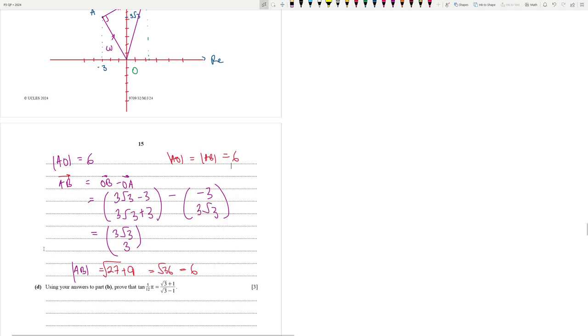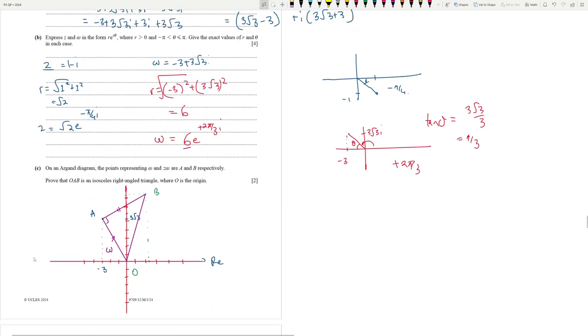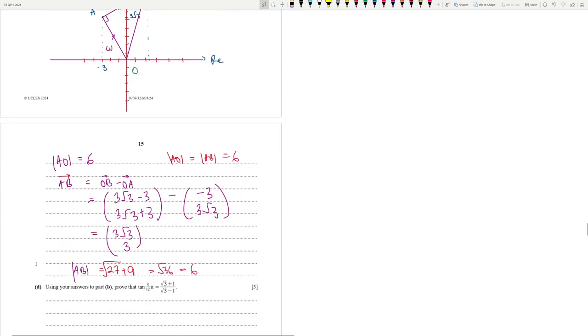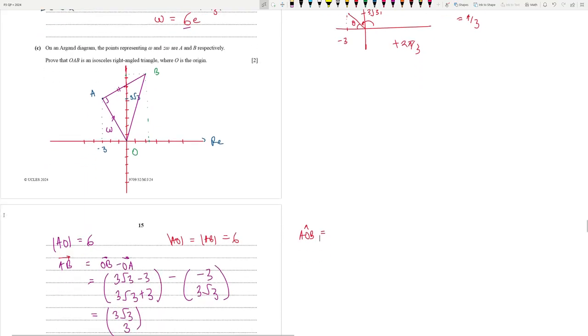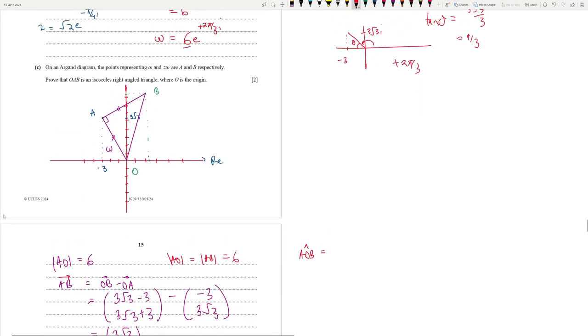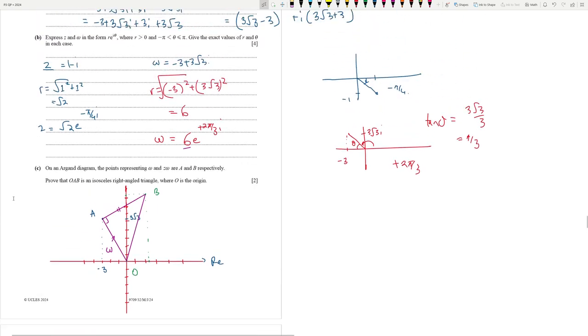Now about the angle AOB, 90 degrees. How to do this? So angle AOB, which one is 90 degrees?